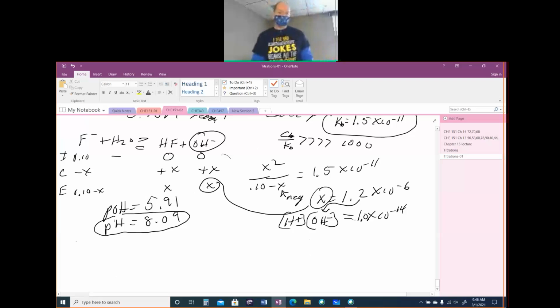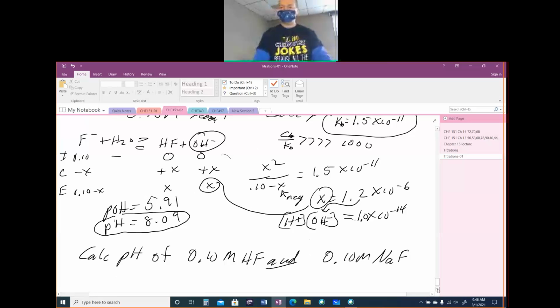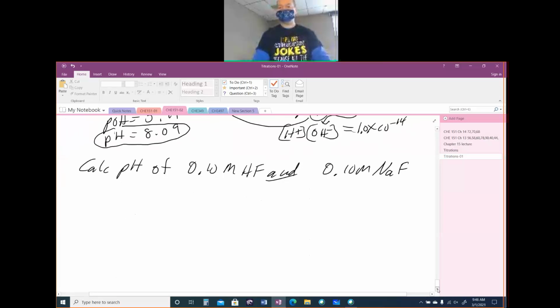All right, let's calculate the pH of 0.10 molar HF and 0.10 molar NaF. So this one can be done a couple of ways. Now here it's interesting. The Ka was given, 6.5 times 10 to the negative 4.